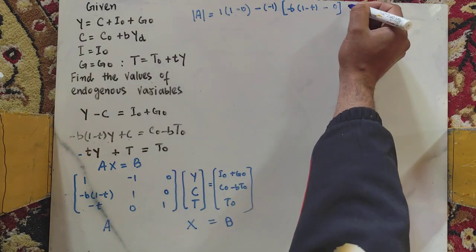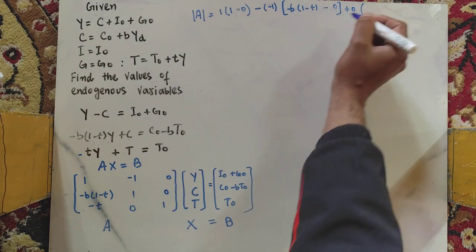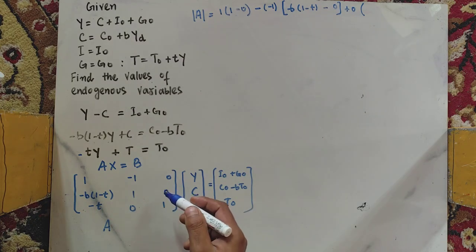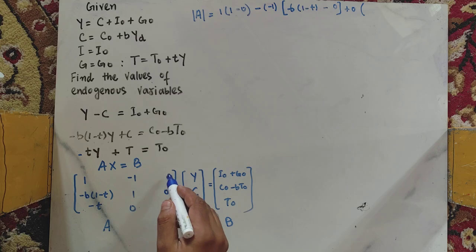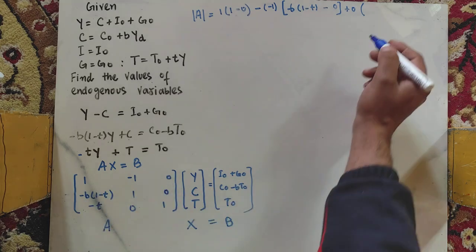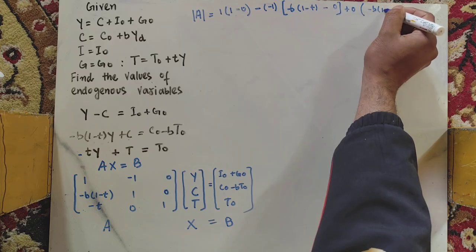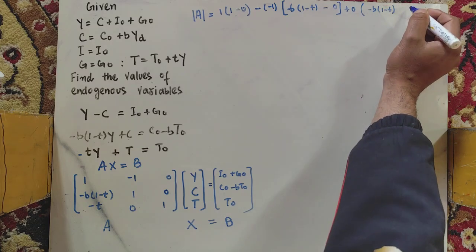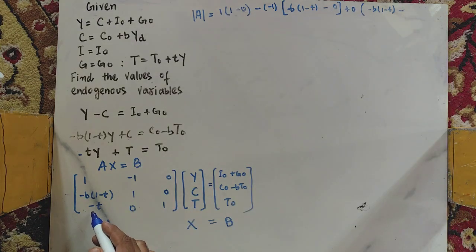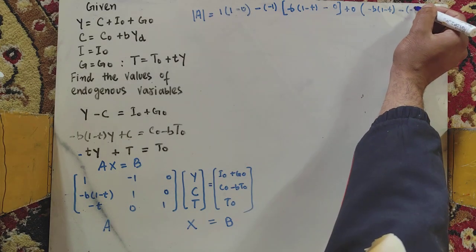Then the third term is 0, positive: first is positive, second is negative, third is positive, and 0 times the determinant of the remaining elements. So we have minus b, 1 minus t, then minus from the formula, and negative t into 1 is negative t.